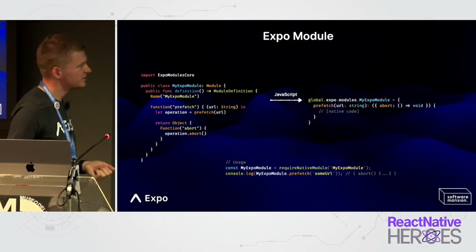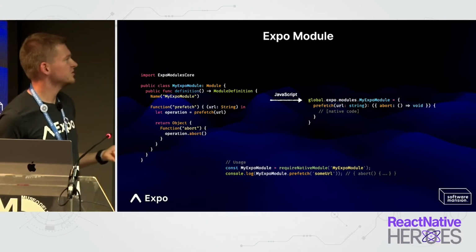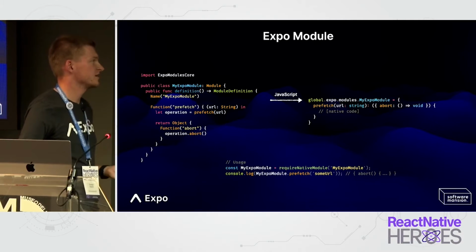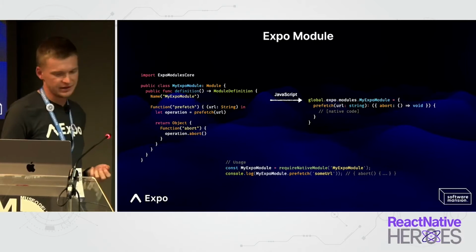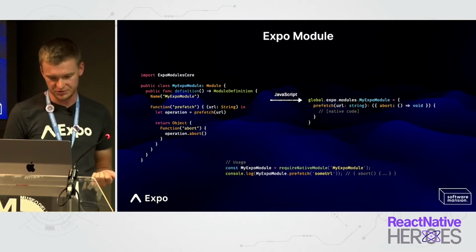Moreover, you can even go further and return another definition from the function. So here we have a function that can prefetch something from the given URL, and you want to return a subscription that you can then abort from JavaScript.